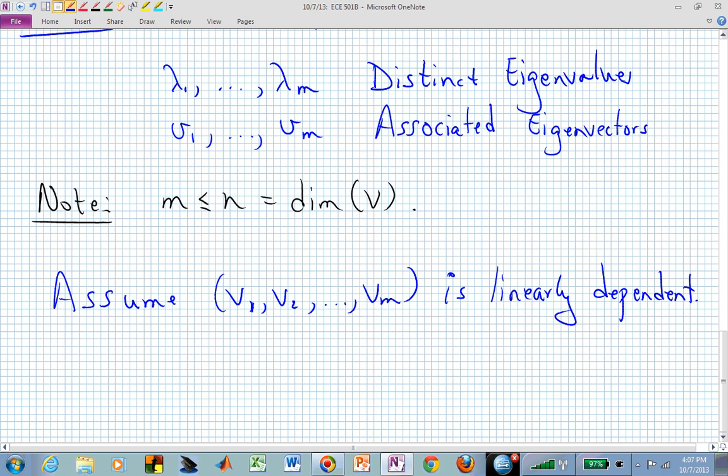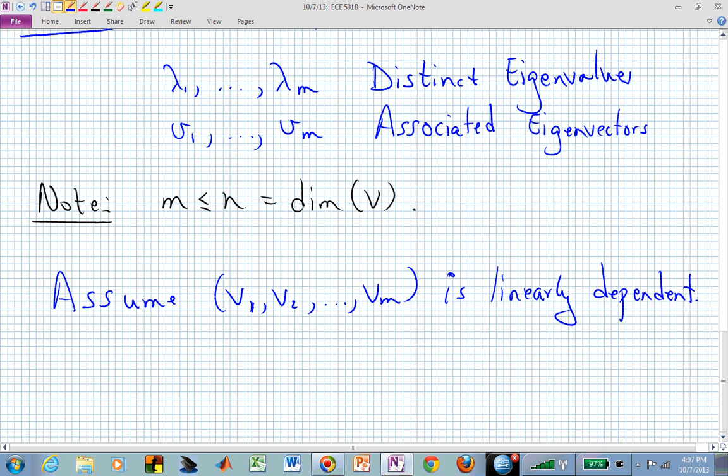Now, once we have a set of linearly dependent vectors, you know what you can do with it. You can combine or create a representation of one of those in terms of the others. That's one way of thinking of something being linearly dependent.